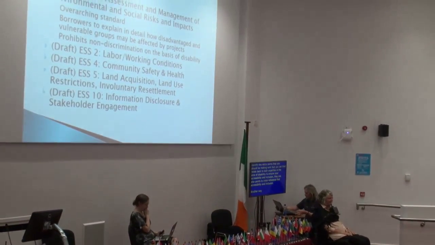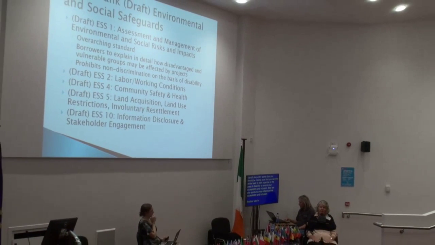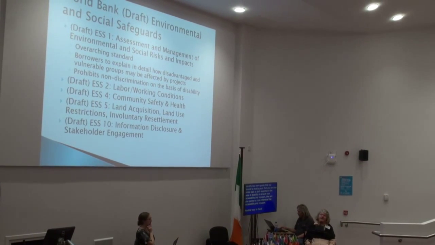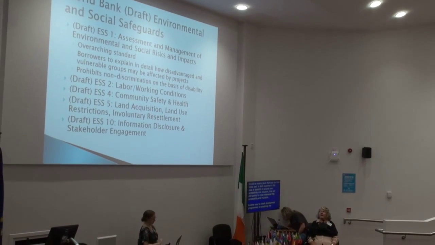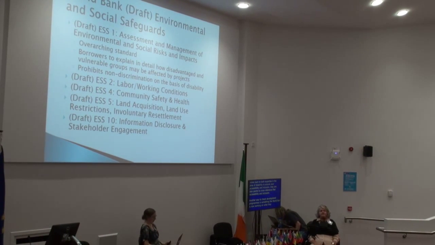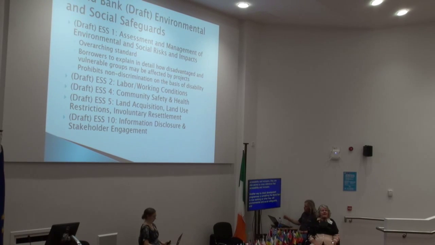Another way to check development programs is something the World Bank is now working on, what they're calling environmental and social safeguards. The safeguards are a way to ensure that development projects embed disability into them.